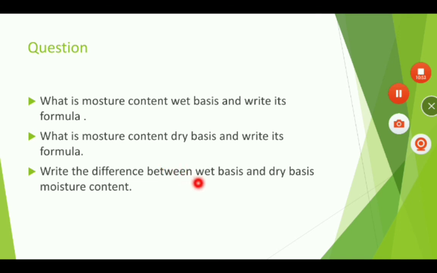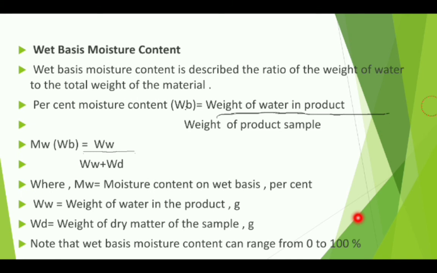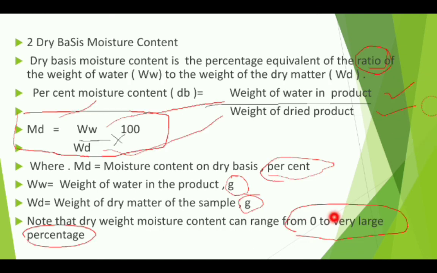The second difference is that wet basis moisture content ranges from 0 to 100, while dry basis moisture content ranges from 0 to a very large percentage.